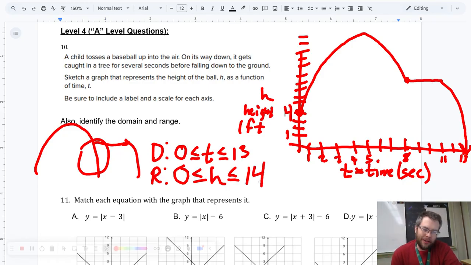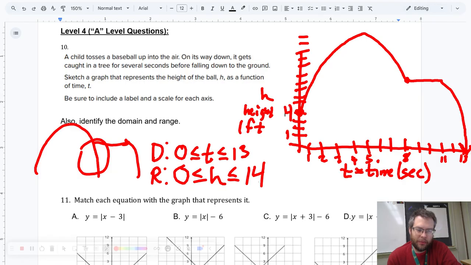Again, the ball wouldn't really go up to only 14 feet. It would go higher than that. But we haven't really studied that type of equation yet this year, where we figure out exactly how high the ball goes in a certain amount of time. So all I really need for the purposes of this test is a reasonable number. So don't say the ball went 1,000,000 feet in the air, because it's just a child throwing a baseball.